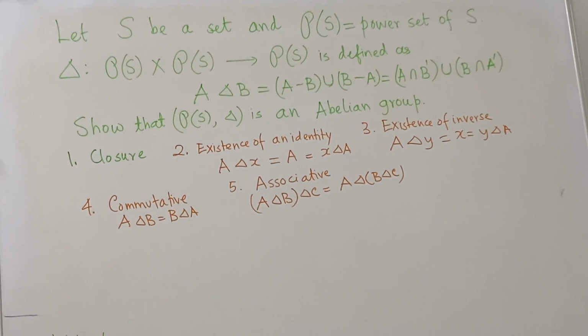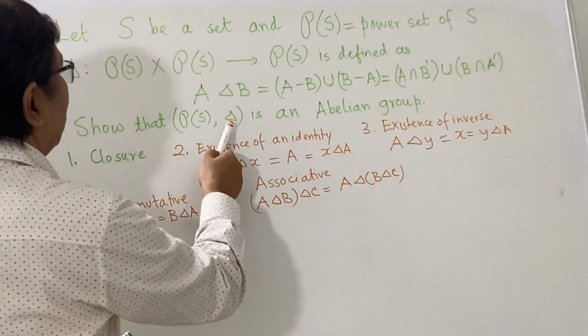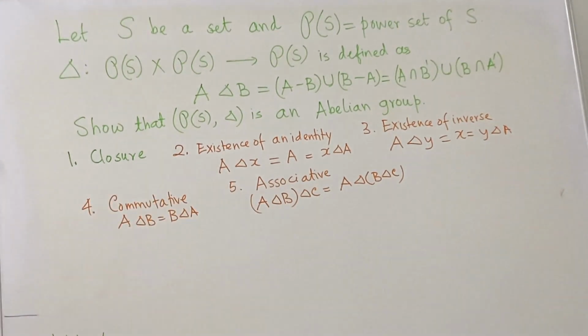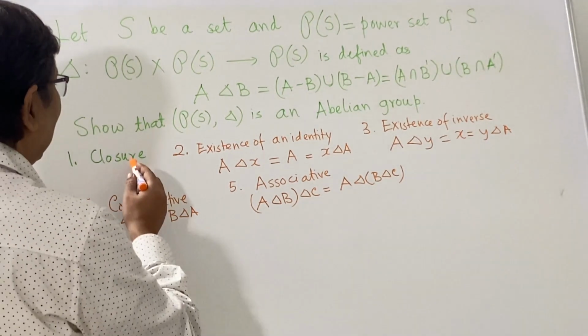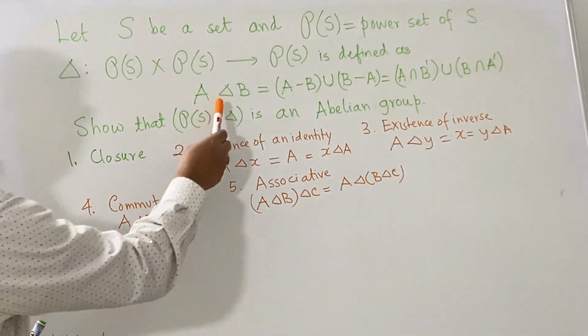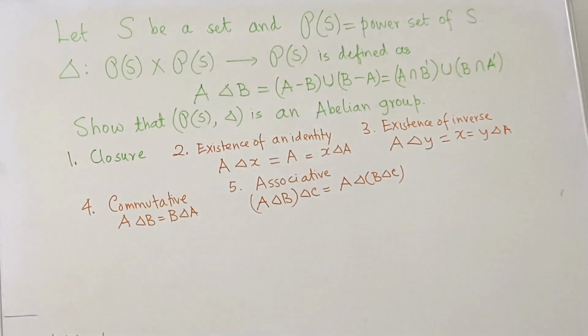If we can show all these five properties, then we can claim that the power set on S with the binary operation delta is an abelian group. So we will take them one by one. The first one that we have already seen is the closure, because A delta B is another subset of S, so the closure is true.